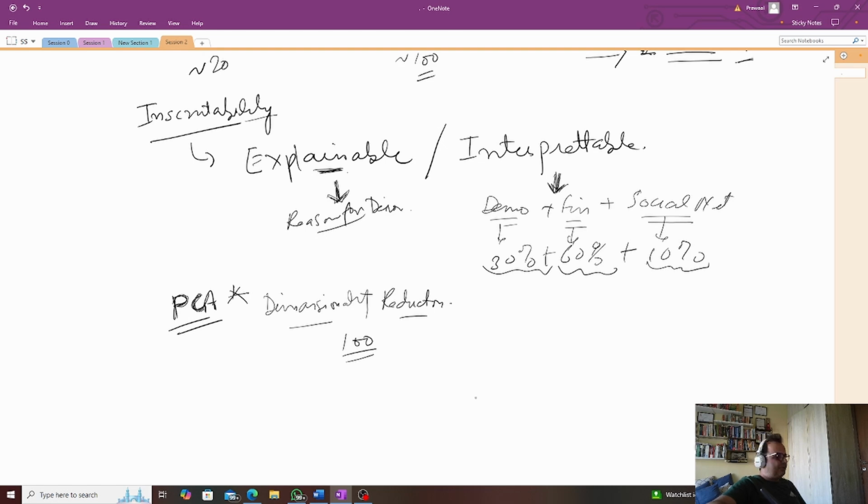Most of the PCA was used when we were in the era of machine learning or econometrics. If my model is not capable of handling 100 features, or if I'm doing some kind of feature engineering and find that some of these features are highly correlated with each other and I want to reduce the dimensions, that's where PCA comes into existence.